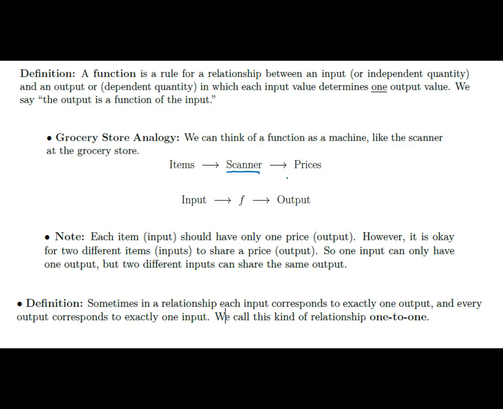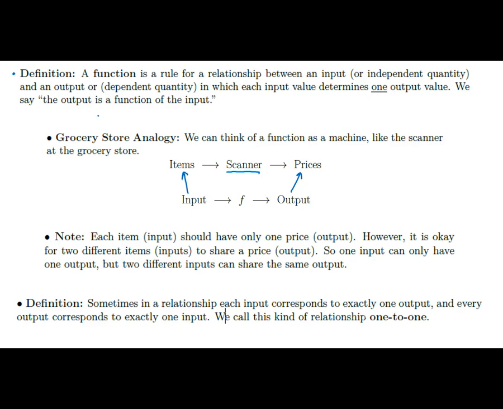So to put this in the language that we're going to be using in this course, we think of the items as the inputs of the function. So you're always inputting the information about your item into this function that we call our grocery store scanner, and then it's going to spit out to us an output, which of course are the prices. Okay, so with that idea in mind, let's go back up here to the definition.